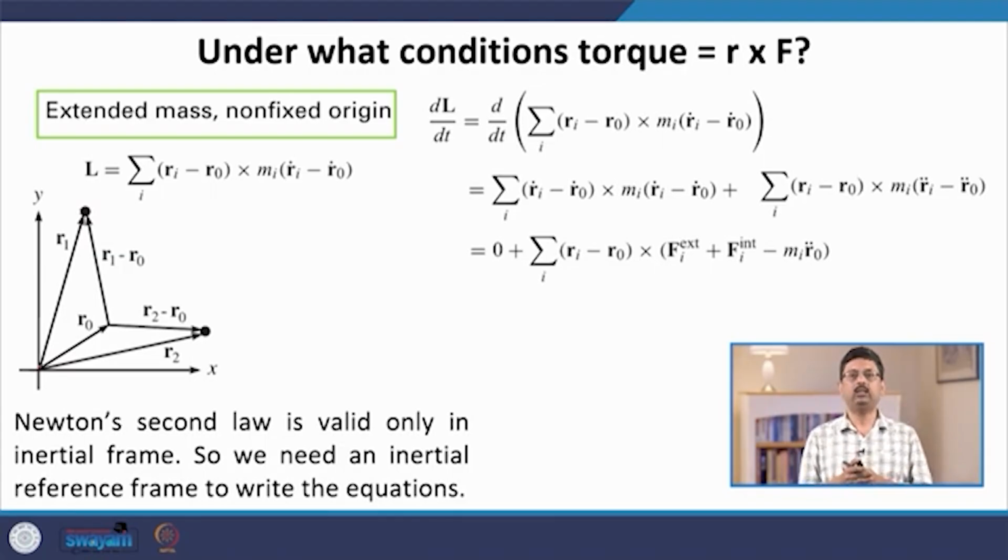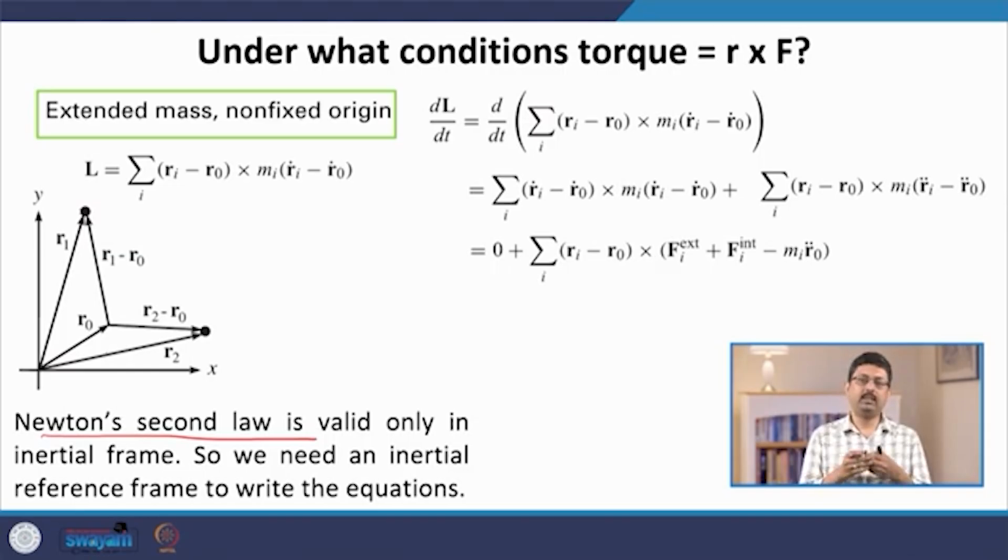These are what are called inertial frames, that is, we assume that in these frames Newton's laws are valid. It is a frame in which Newton's first law holds: if there is no external interaction, the particles will move with a constant velocity. But now let us assume that our origin itself is moving with respect to some inertial frame. When I say moving, it can move with constant velocity or it can have some acceleration, that is, it can be an accelerating frame.